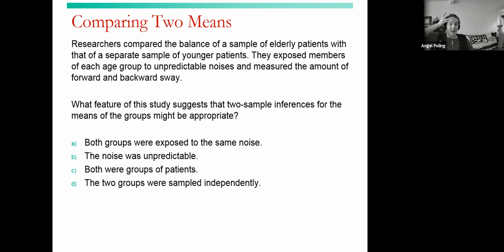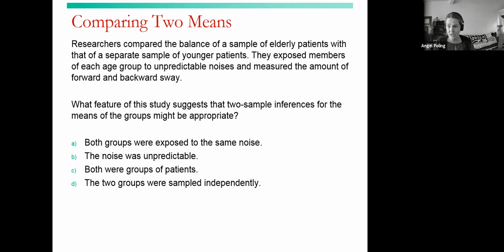So comparing two means. Researchers, so it's the green bar, so we're back to the clicker questions, right? Researchers compared the balance of a sample of elderly patients with that of a separate sample of younger patients. They exposed members of each age group to unpredictable noises and measured the amount of forward and backward sway.